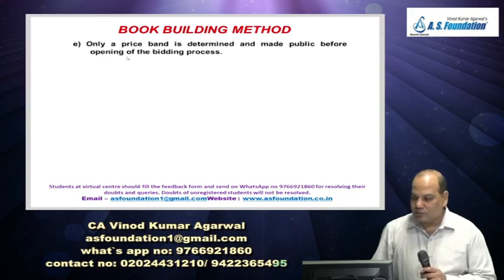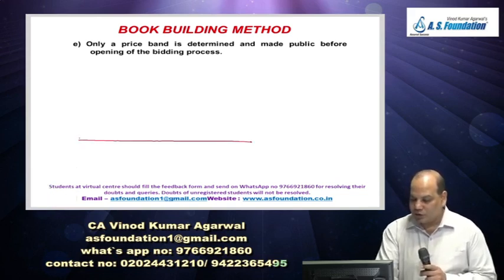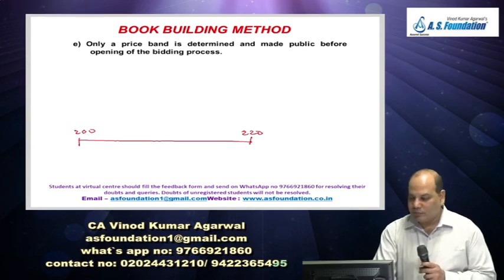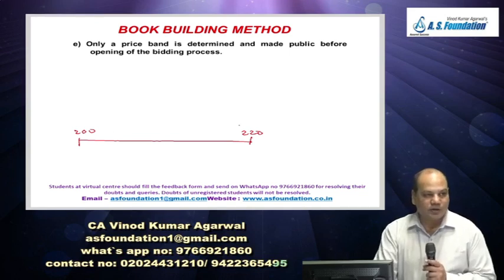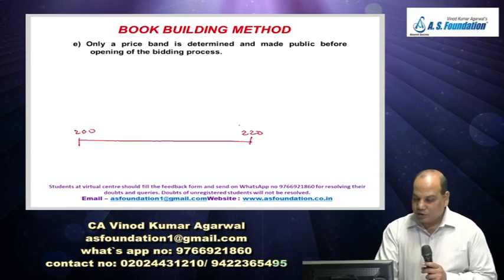Now next, only a price band is determined and made public before the opening of the bidding process. Normally you will see a price band mentioned, something like 200 to 220, or 200 to 210. The maximum gap will be 20%. Suppose you want to buy at 200, you can mark there 200, or 210, and how many shares.